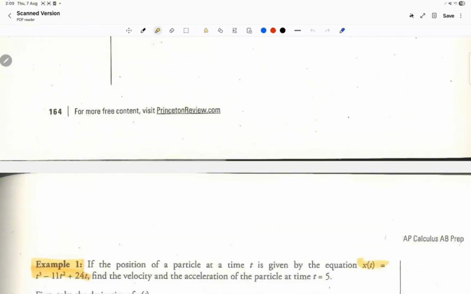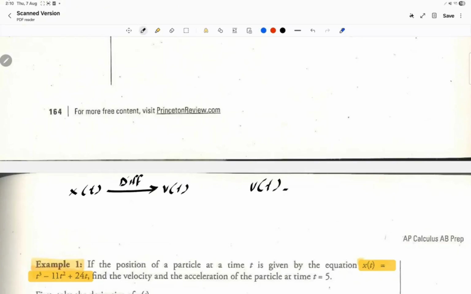It says, if the position of the particle is given by x of t is equal to t cubed minus 11t squared plus 24t, find the velocity and the acceleration. If you want to go from distance to velocity, what do you do? Differentiate the heck out of it.